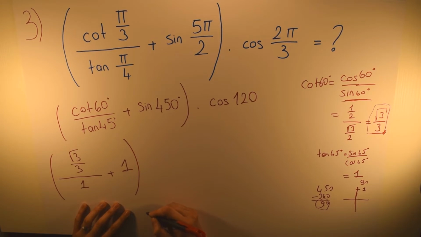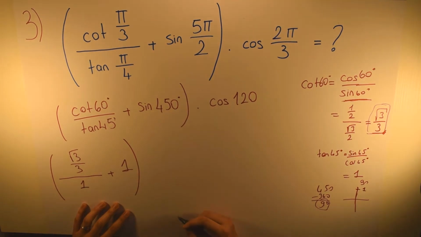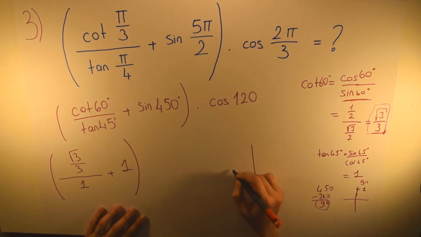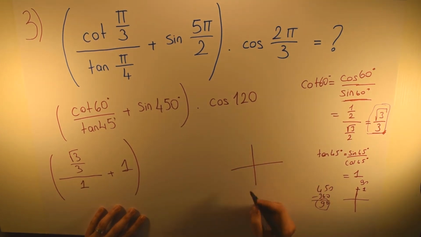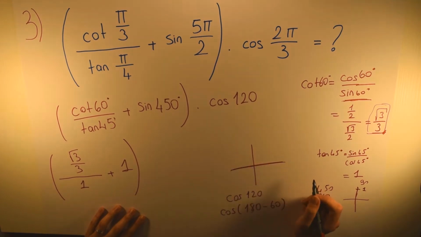And now we have to find the value of cosine 120. So how do we do that? Let's remember our unit circle. So for cosine 120, I can write this as cosine of 180 minus 60, right? So 180 is on this line, and on this line our function doesn't change, so its function name is the same, so it will be cosine, right?